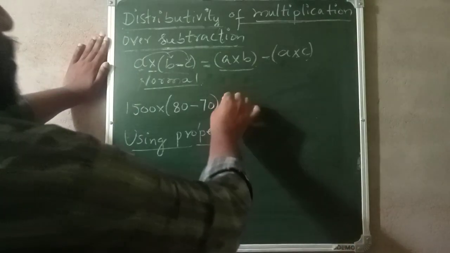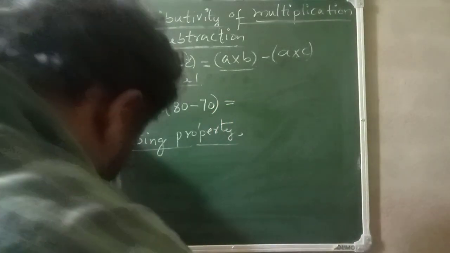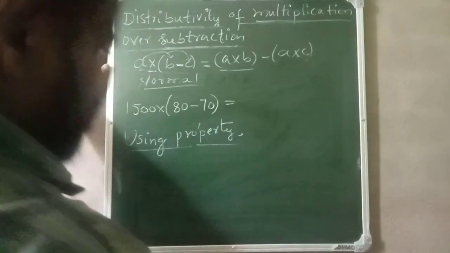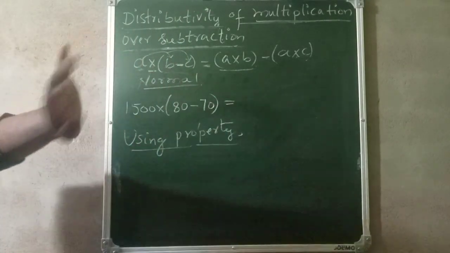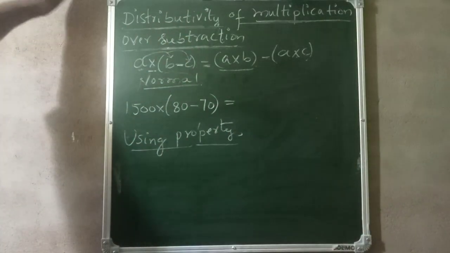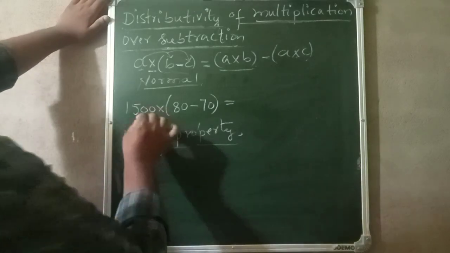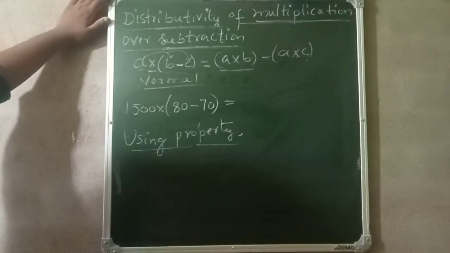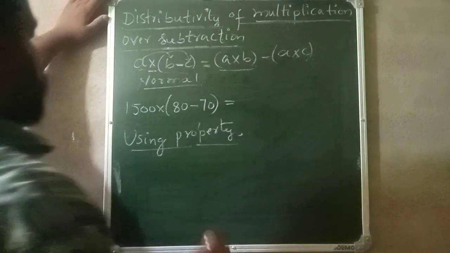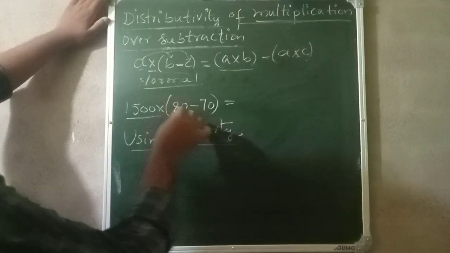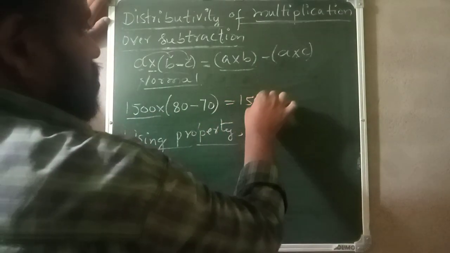Okay. So using normal multiplication, so we will simplify this first. So in normal multiplication, write this 1500 into first.